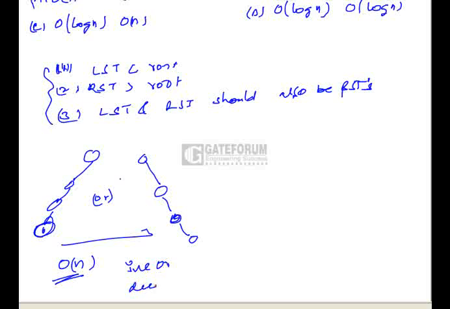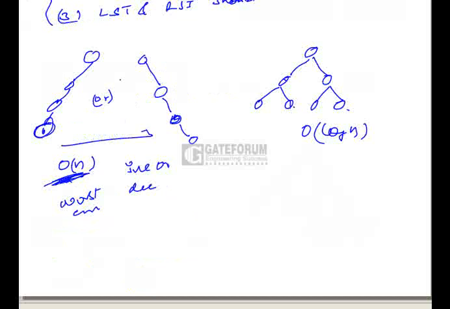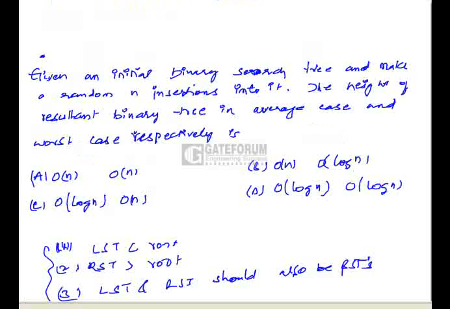The elements are not in the increasing order or decreasing order, and if we get the resultant binary search tree as complete binary tree like this, then the height would be order of log n. So this would be the worst case and this would be the best case. So here the correct option would be option C.